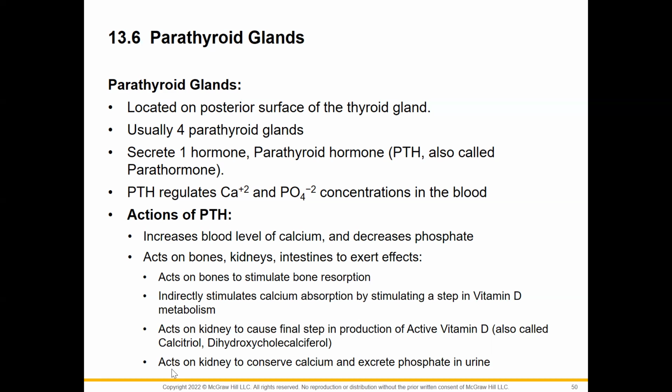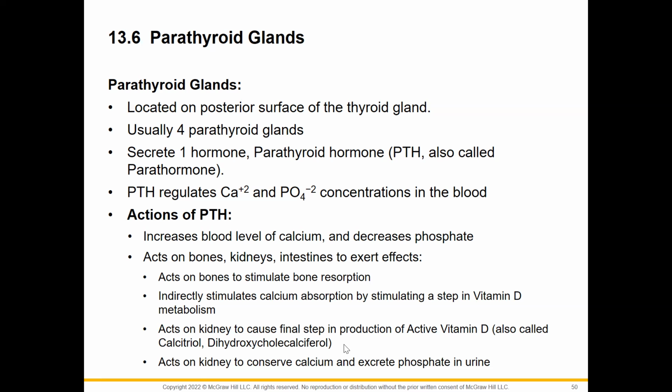It also acts on the kidneys to conserve calcium and then to excrete phosphate in the urine. So remember also, now we found a new job for the kidneys. The new job that we just discovered is taking the almost active forms of vitamin D and making them active. That final step in converting vitamin D to its active form.